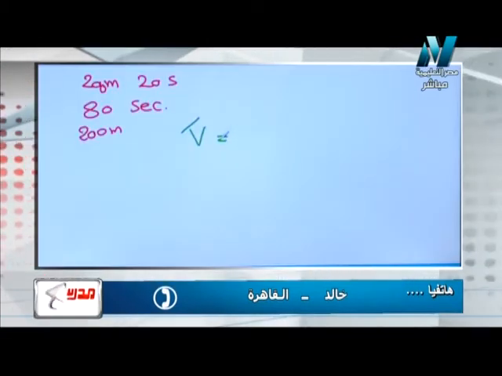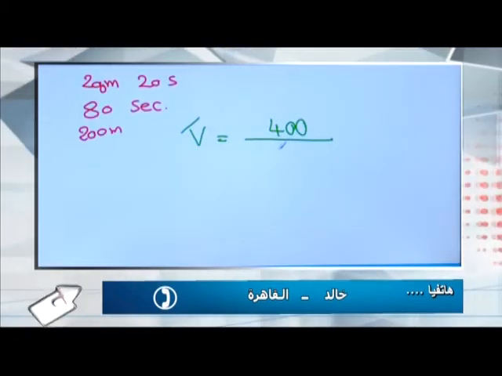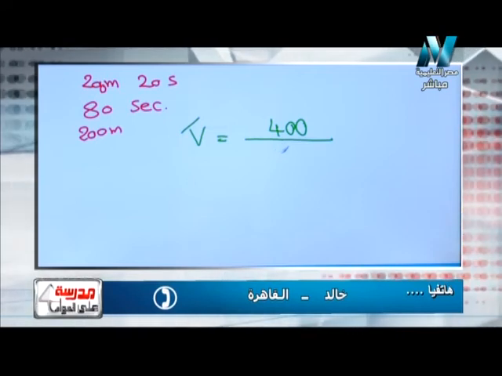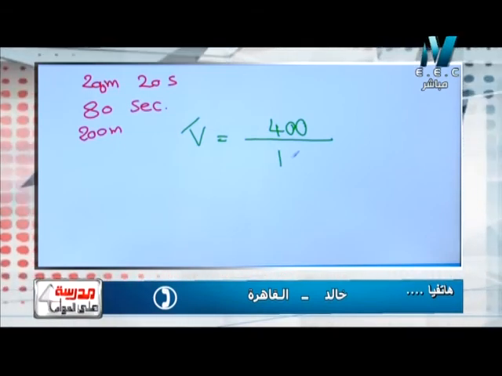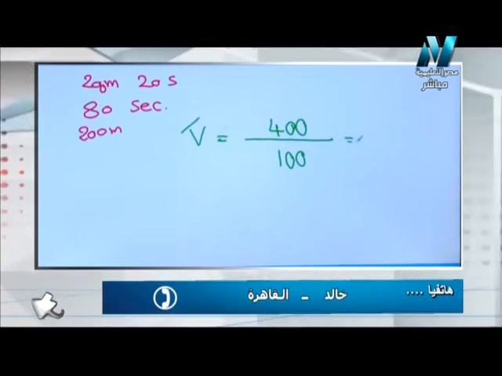The question here is what? The average speed. الافريج سبيد هتبقى total distance covered over total time taken. التوتال distance هنا how many؟ مش انت قلت ان هو مشي 200 ورجع 200؟ 200 plus 200, يبقى 400 over how many؟ Over 20 plus 80, يعني 400 over 100 seconds, هيبقى equal 4 meters per second.